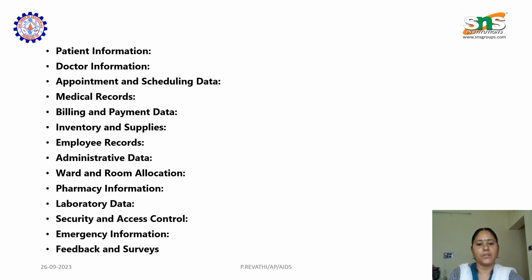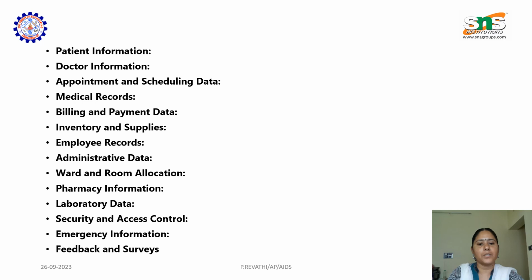Laboratory data. Test requests, results and analysis reports. Security and access control. User authentication and access rights to ensure data security and privacy. Emergency information. Protocols and data related to emergency cases and responses.